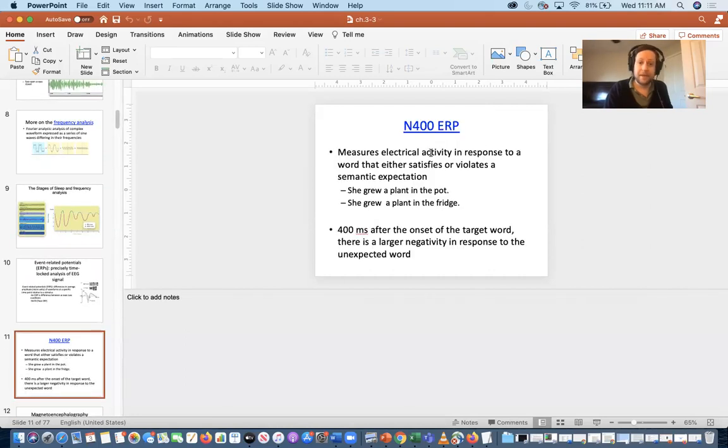I also talked about the N400, which we're going to talk about more in the language chapter, which is another event-related potential, but it's measured 400 milliseconds after the onset of a word. And that word either satisfies an expectation, like pot in this example, or it violates an expectation, like fridge.